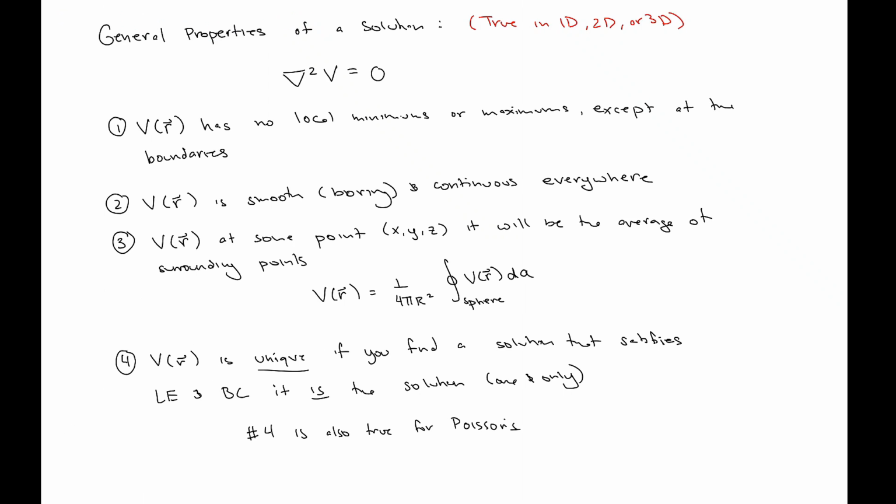Laplace's equation is a second order differential equation, so I need 2 boundary conditions, and I can satisfy that in a couple of different ways. I can either know V, or I can know the rate of change of the potential normal to the boundary, to find a unique or specific solution to Laplace's equation.